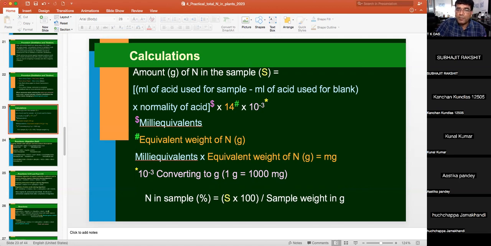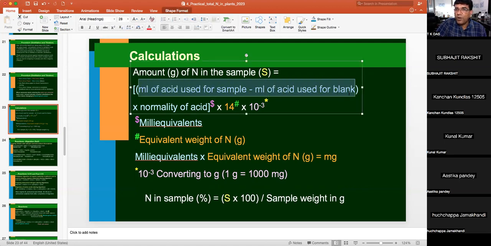Normality of the acid was 0.1 normal. This is the actual volume of sulfuric acid that has been used, so you can consider it as V1, and normality as N1, V1 into N1.